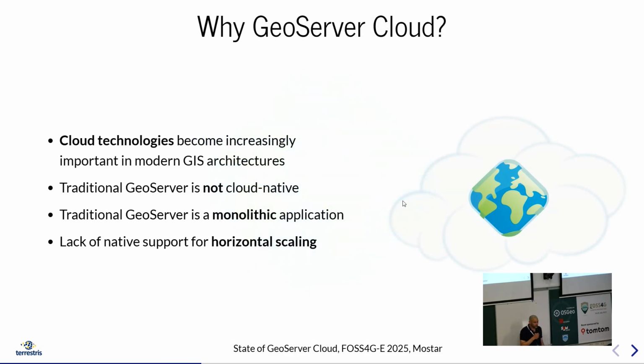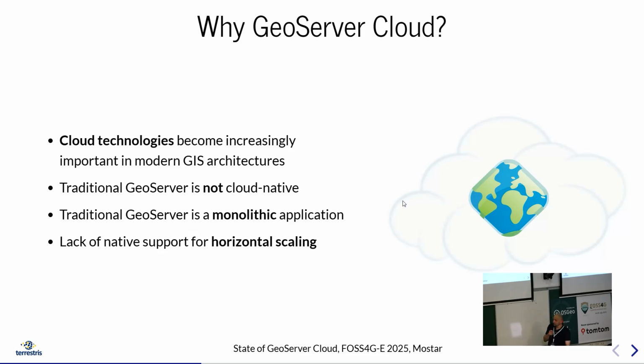So why is there a need for GeoServer Cloud? You all know that cloud technologies in the past years became increasingly important in modern GIS architectures, but traditional GeoServer is not cloud native because it started 20 years ago and nobody had cloud environments at that time. Traditional GeoServer is a monolithic application, and there's a lack of native support for horizontal scaling.